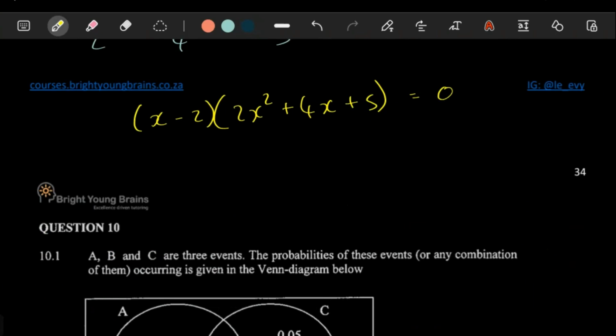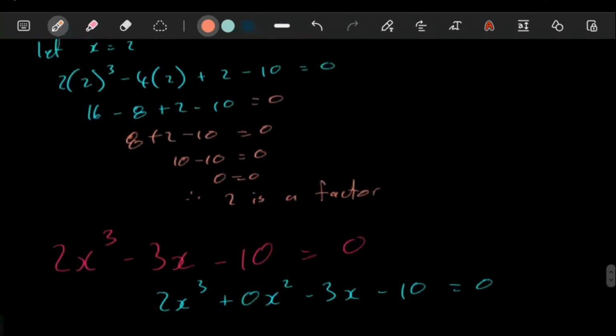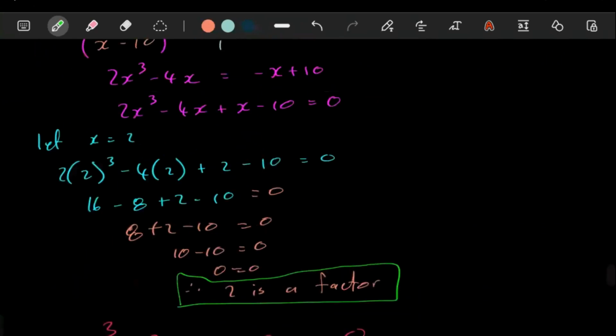But let's just find out quickly using the quadratic formula: minus b plus or minus the square root of b squared minus 4ac, over 2a. Yeah, it's giving us a math error. So the rest cannot be factorized. So it means that this is our only valid solution, where x is a positive 2.